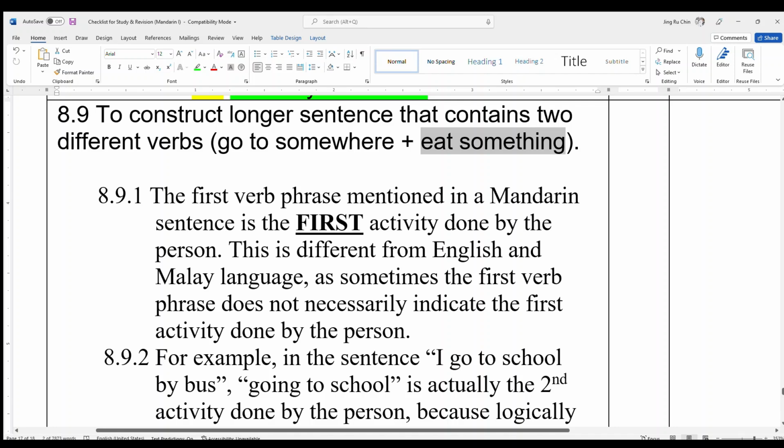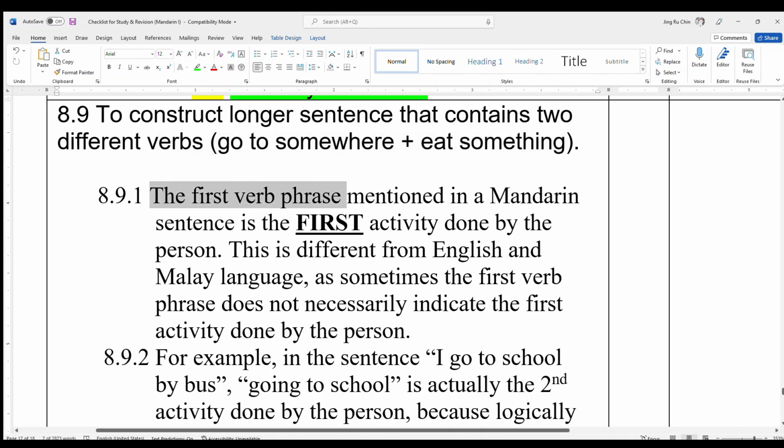Now, how do we construct sentences that can include two different verbs? I want you to understand the basic concept, or the logic behind the Mandarin sentence structure first.